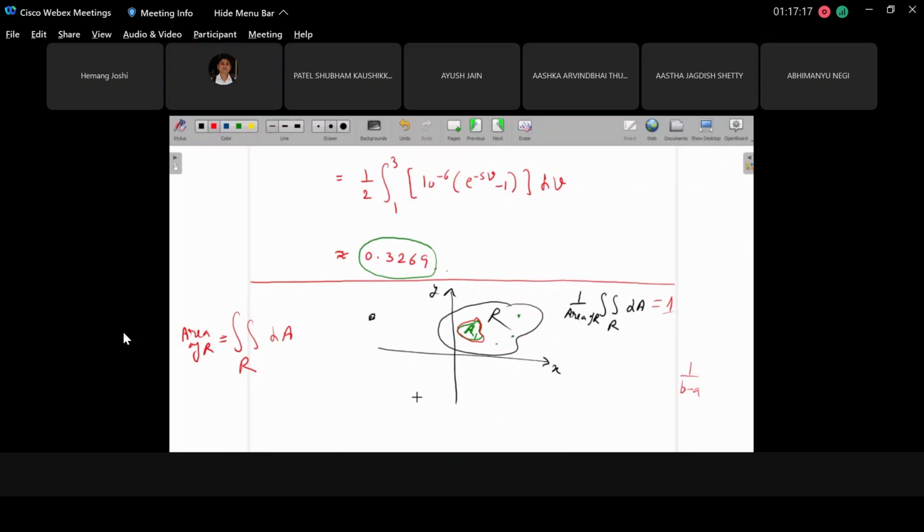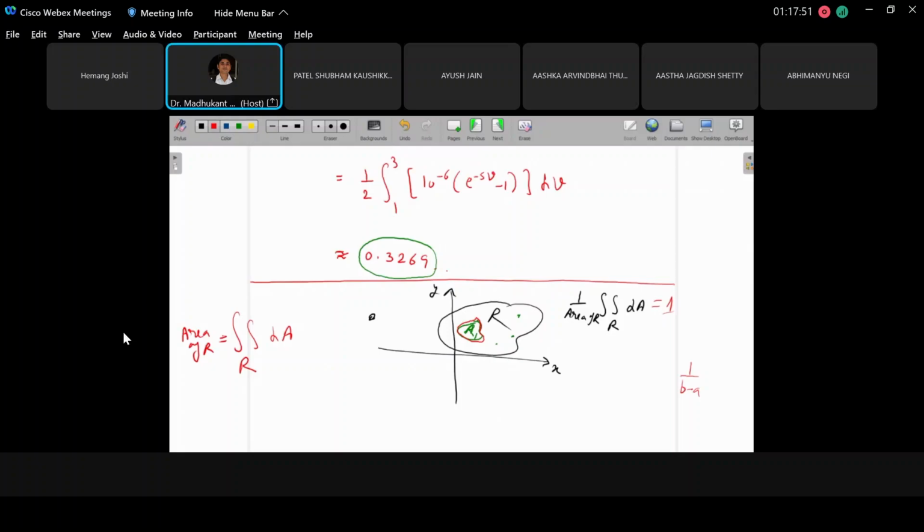Now can you give me the possible way of defining the uniform random variable over two dimensions? What will be the natural extension?